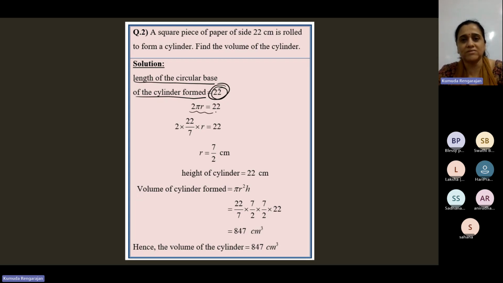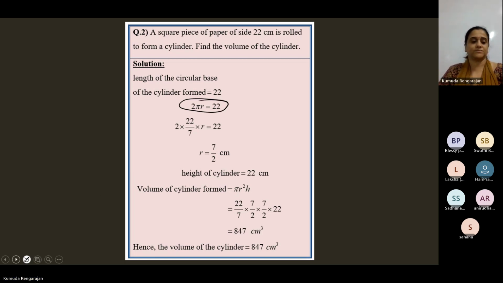That means 2 pi r is equal to 22. When you work that, you get r. The height of the cylinder is 22, because the breadth becomes the height. So now volume is equal to pi r square h. Find the volume. 2 pi r is equal to 22, from this you can find r.